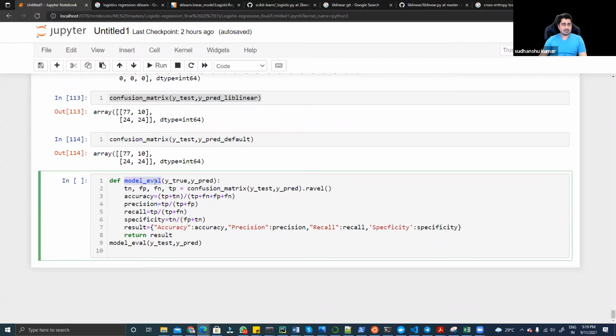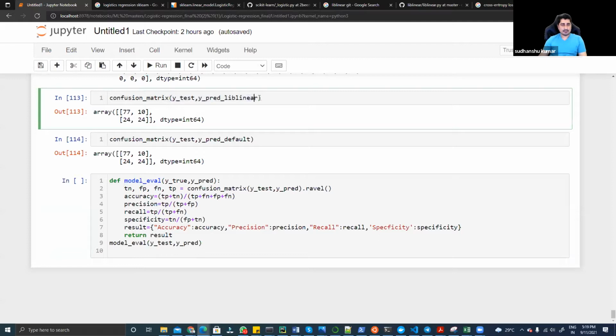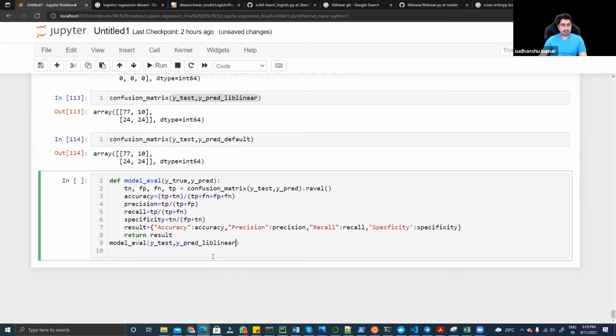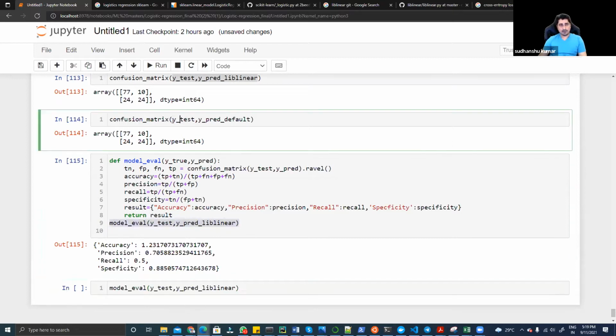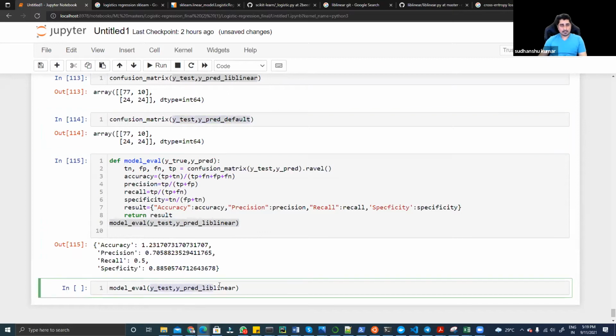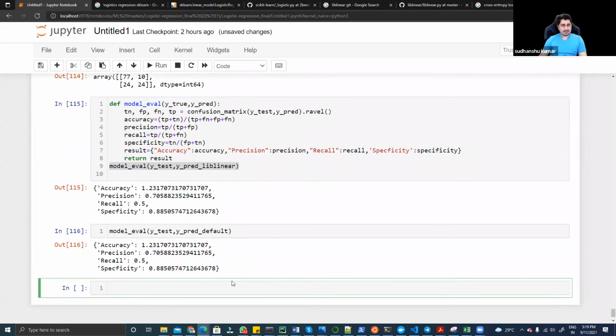So I can try to call this model evaluation over here, and pass the model evaluation out of liblinear, right? Fine. So accuracy, this one, and maybe I can try to do a model evaluation even for predict default, right?